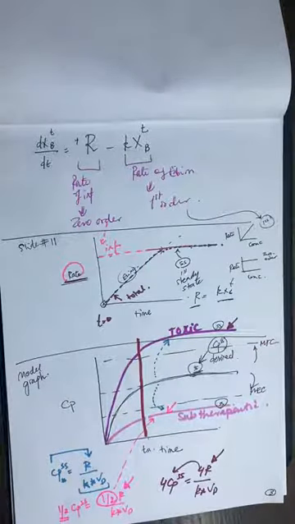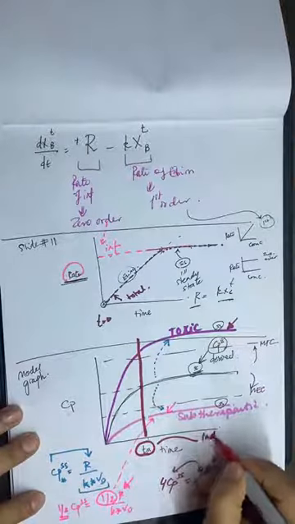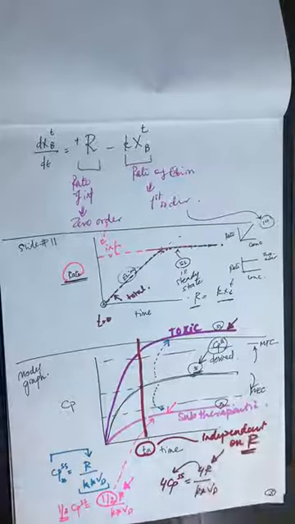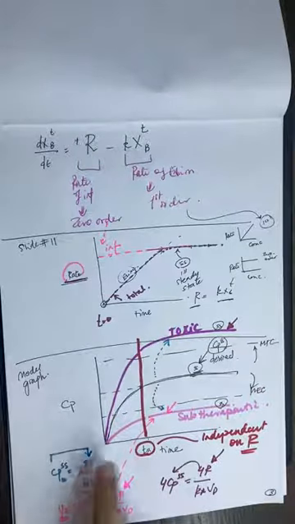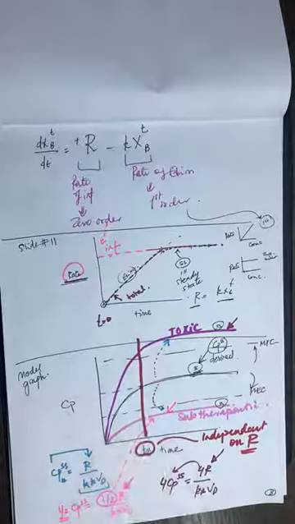Okay, so the time to reach the steady state is independent of R changes. Whatever R is, either as it is or if I decrease it or increase it, the time to reach the steady state for all of them will stay the same.